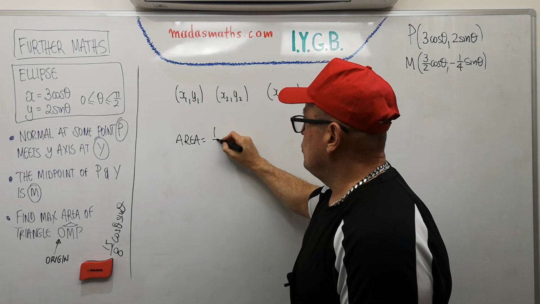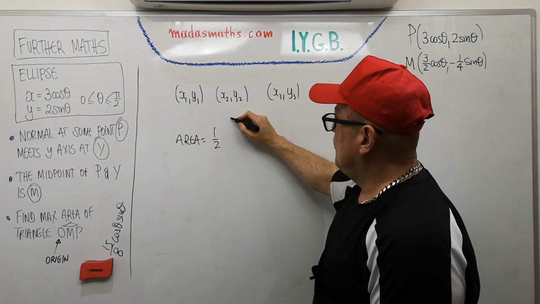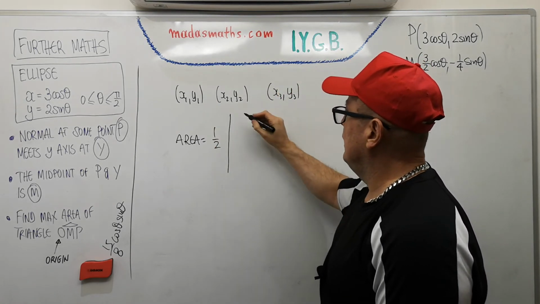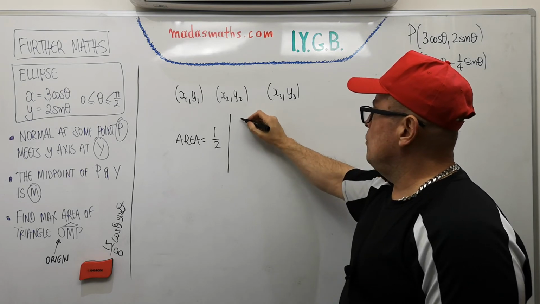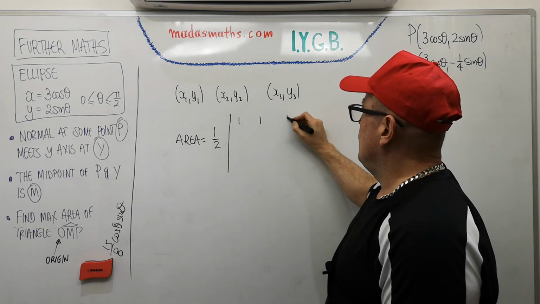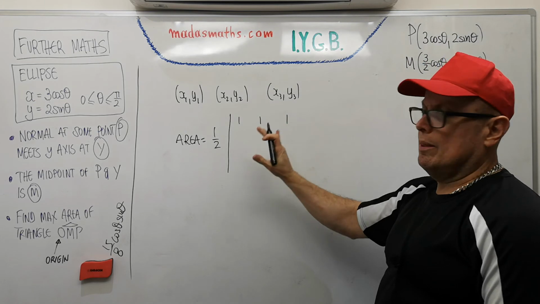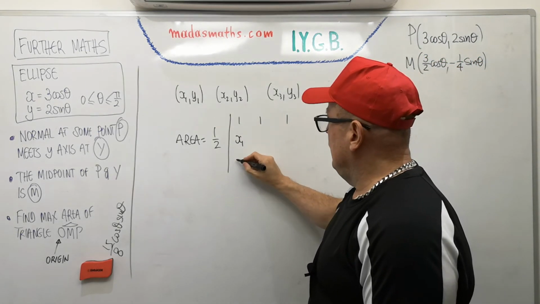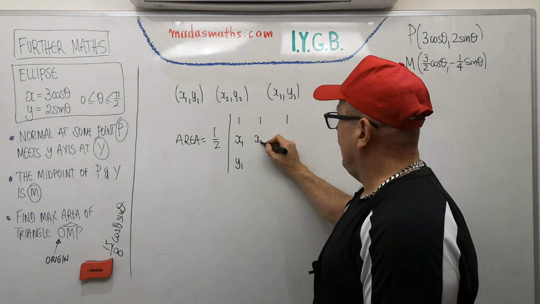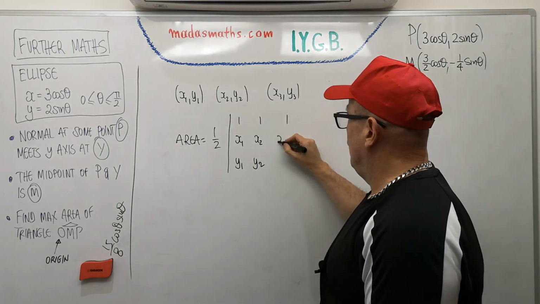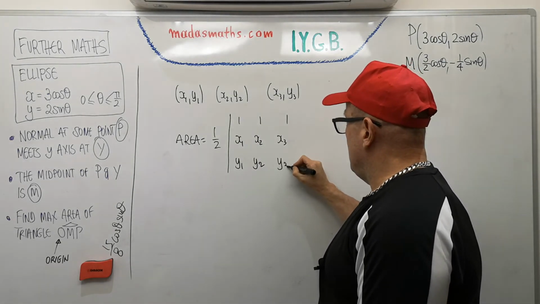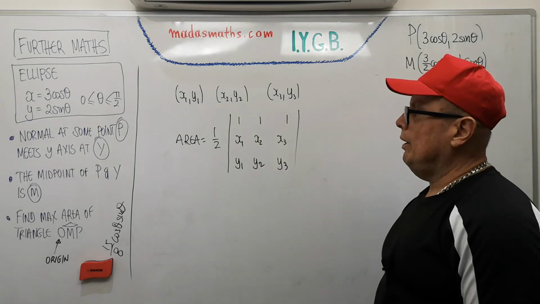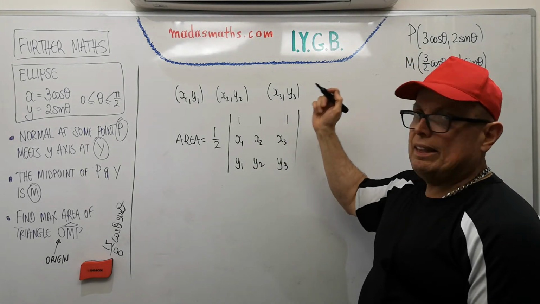The area is equal to a half, and I'm going to say something else after that. It doesn't matter whether you write it as 1, 1, 1, or you put the ones, because of course determinants can transpose. So x1, y1, x2, y2, x3, y3. You compute that and that's your area. And of course there is a little bit that I must add in there.